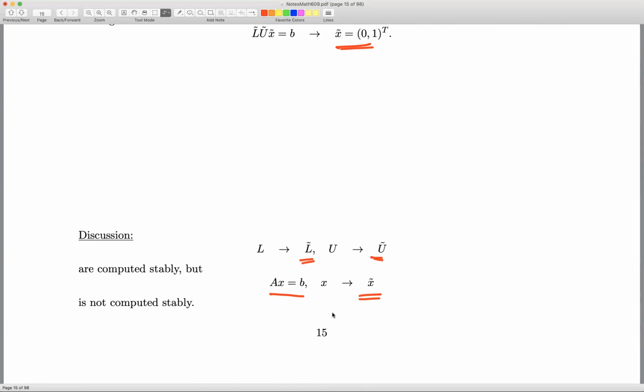And this is related to your last homework problem, in which you are asked to recover certain coefficients of a certain polynomial, which we know are all ones. But if we try to find them and write down the system for them, then the matrix of this system is ill-conditioned.